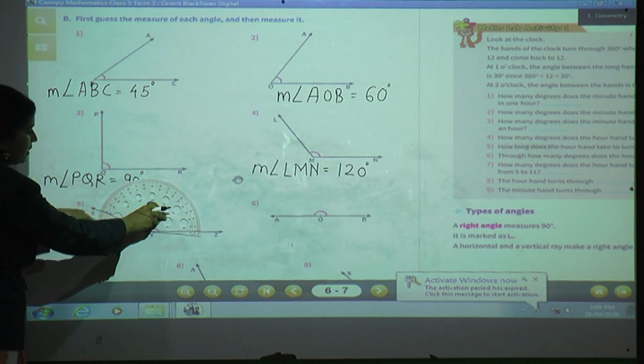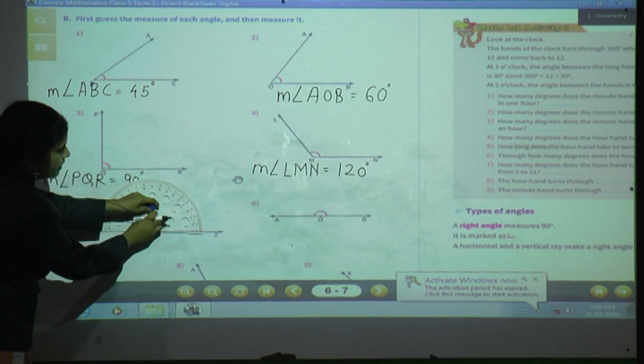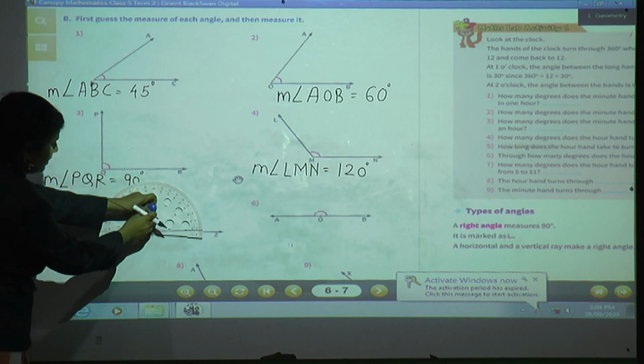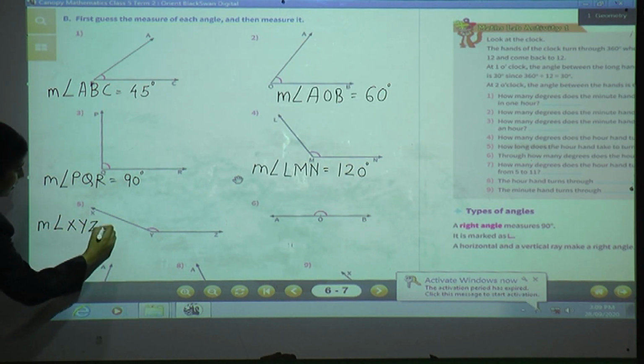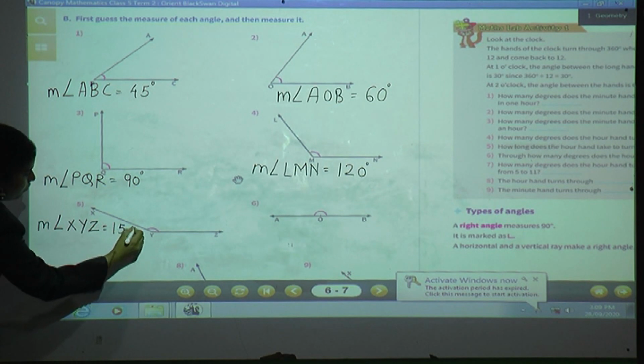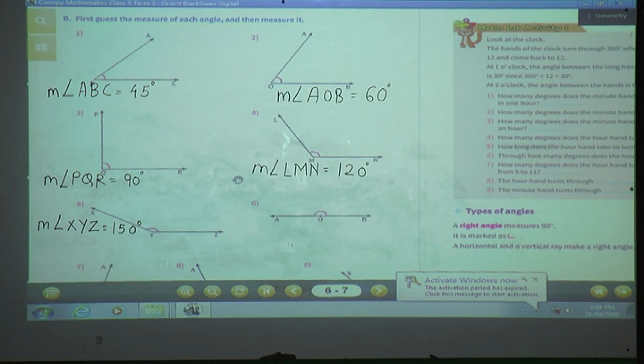You have to measure it by the inner scale. From this zero you have to start. So the answer is 150 degree. Measure angle XYZ is equal to 150 degree.